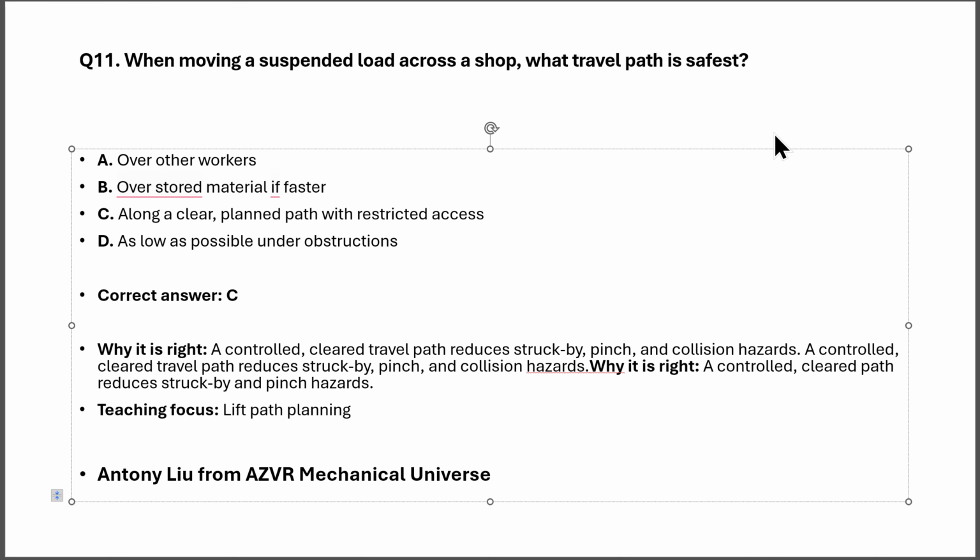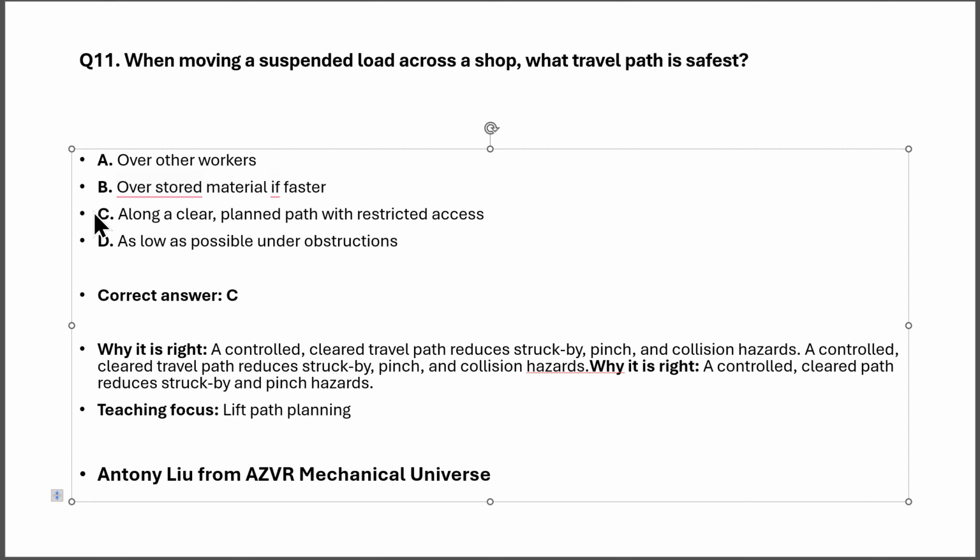Question 11. When moving a suspended load across the shop, what travel path is safest? A. Over other workers. B. Over stored material if fast. C. Along a clear, planned path with restricted access. D. As low as possible through obstructions.